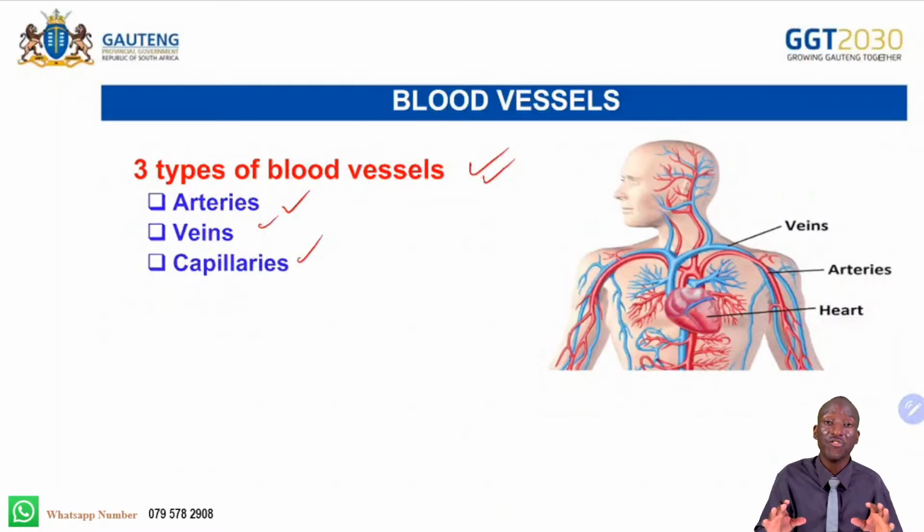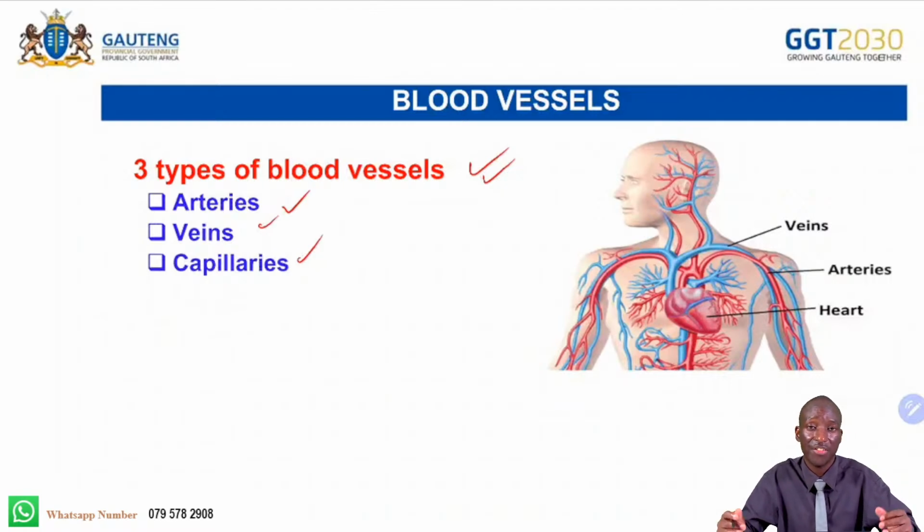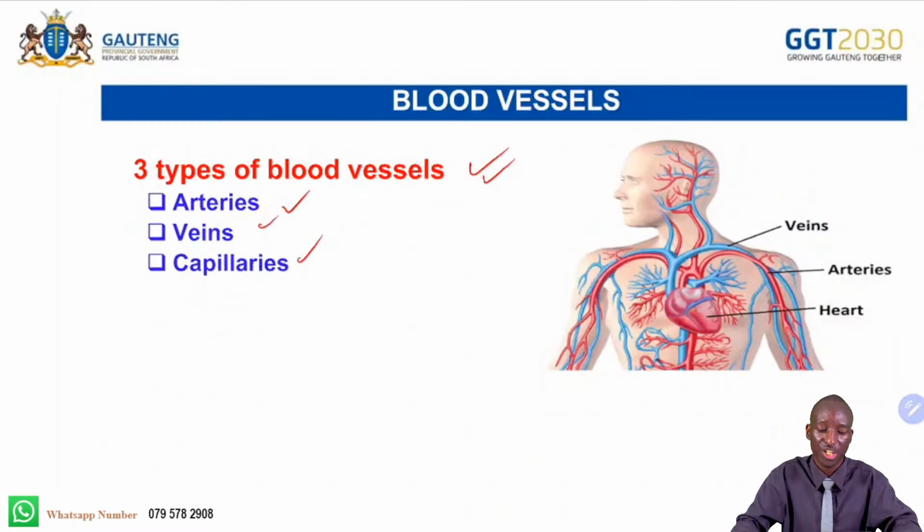These are the 3 types of blood vessels that we have. Remember, we say that the blood vessels are these corridors that the blood flows through. We're going to be looking at these one by one in detail, to find out everything we need to know about each of them.